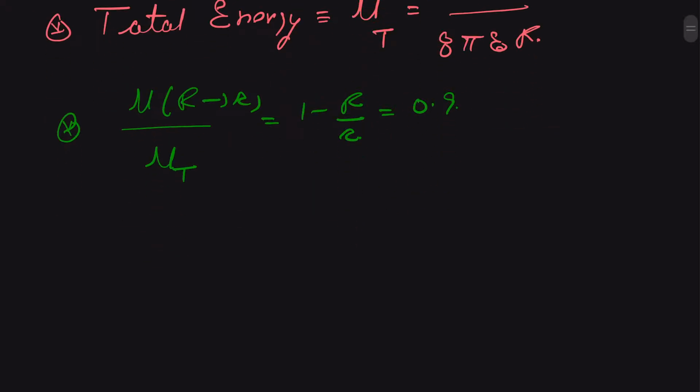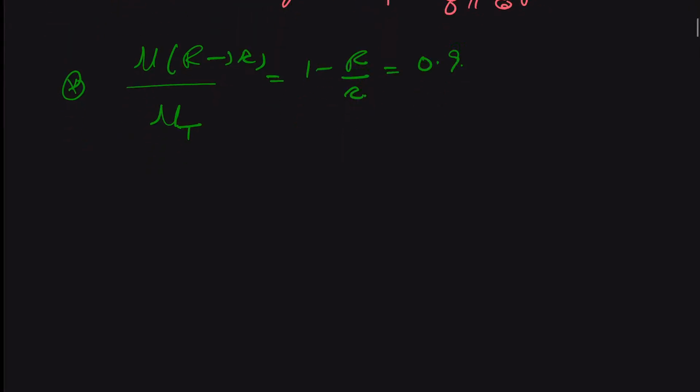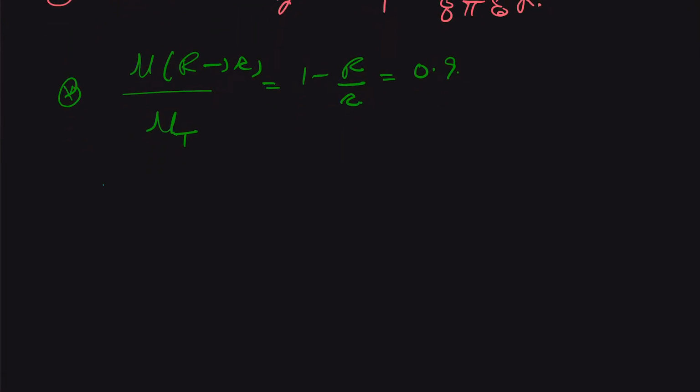Therefore, from here we can easily say that R upon small r will be equal to 0.1, which gives us that the small r will be equal to 10 times capital R. So this is the larger sphere which will be able to contain 90% of the energy.